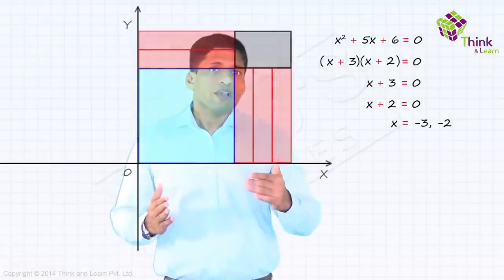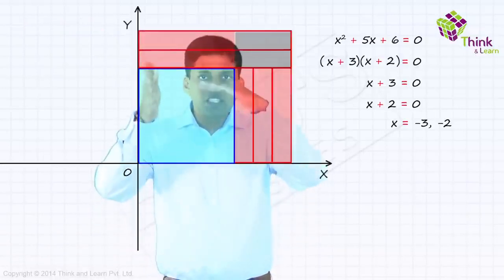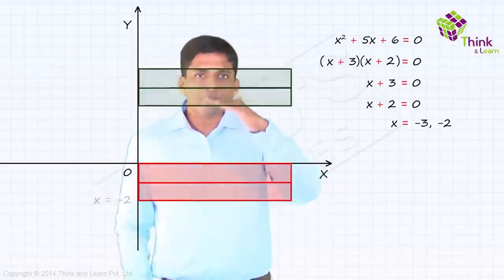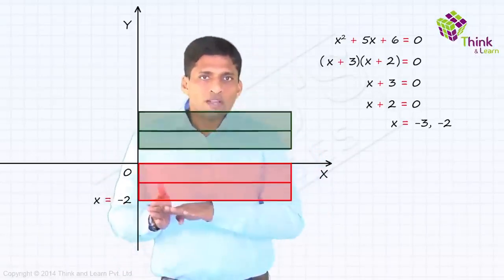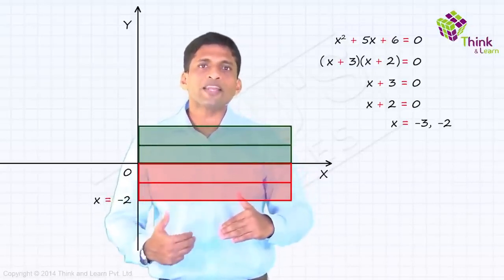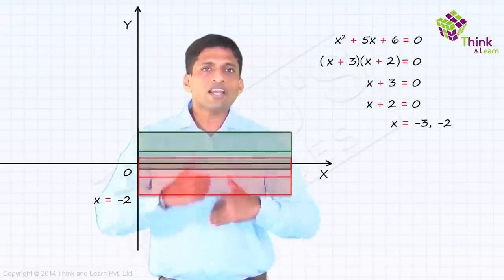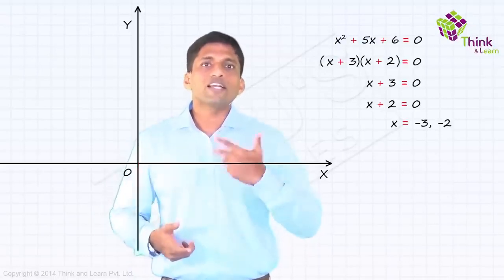Same way, if you want to make breadth 0, I push this complete rectangle down, so it will start going below the x-axis. So here this will start becoming negative. When it's at -2, these two areas will get cancelled out and the rectangle will disappear again.